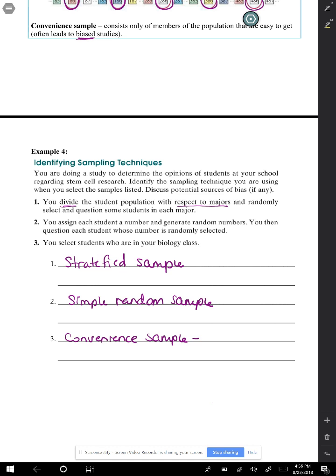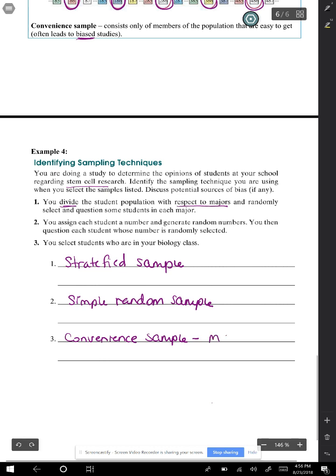So the problem with this particular one was, if you go back and read what the study was about, you're doing research to determine the opinions of students at your school regarding stem cell research. And so the problem is, if you're in a biology class, those students probably know more about stem cell research than the general population at the university would. And because of that, they may have different opinions than someone who doesn't know anything about stem cell research.